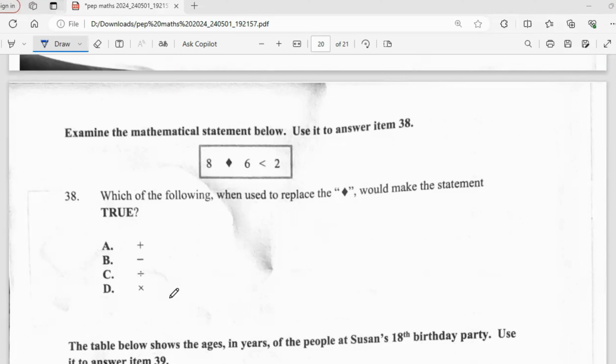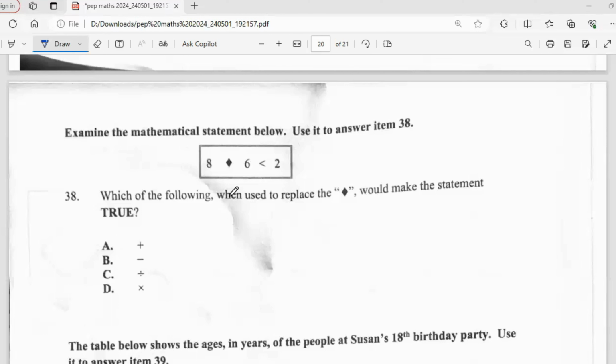8 plus 6 is not less than 2. When you subtract 6 from 8, it is 2. So 2 is not less than 2. 2 is actually equal to 2.